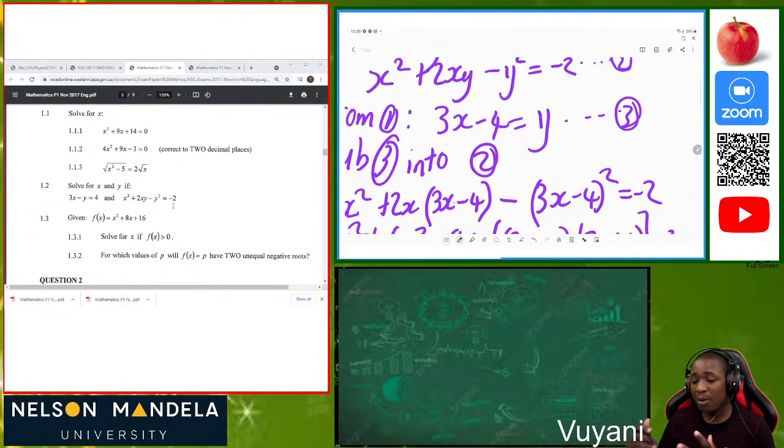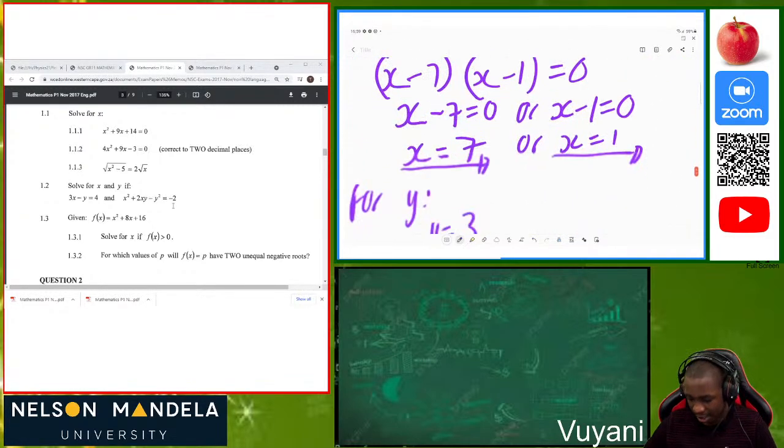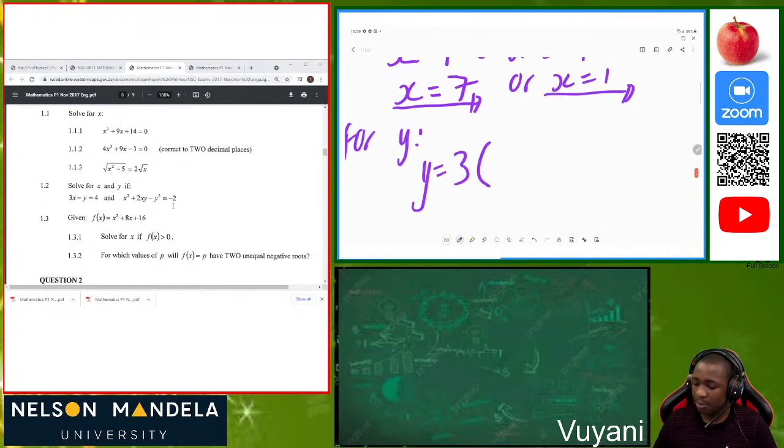Since we found the values of x, we substitute the value of x in the equation so that we can get the value of y. So it's going to be 3, then in the position of x we put our 7, then minus 4.